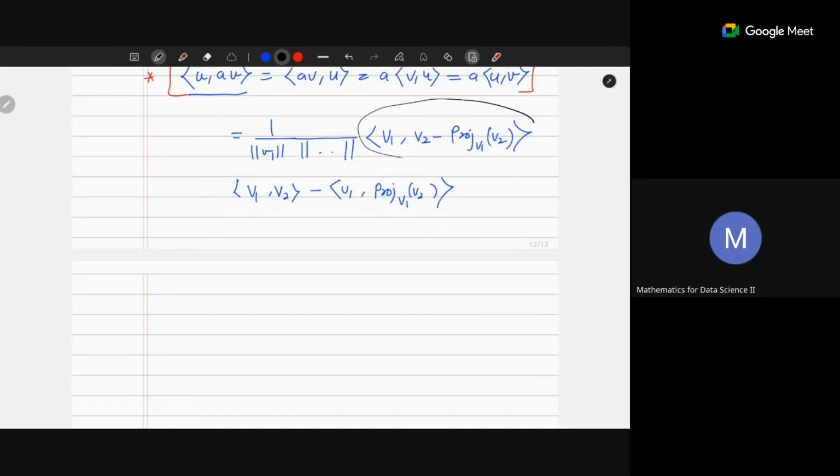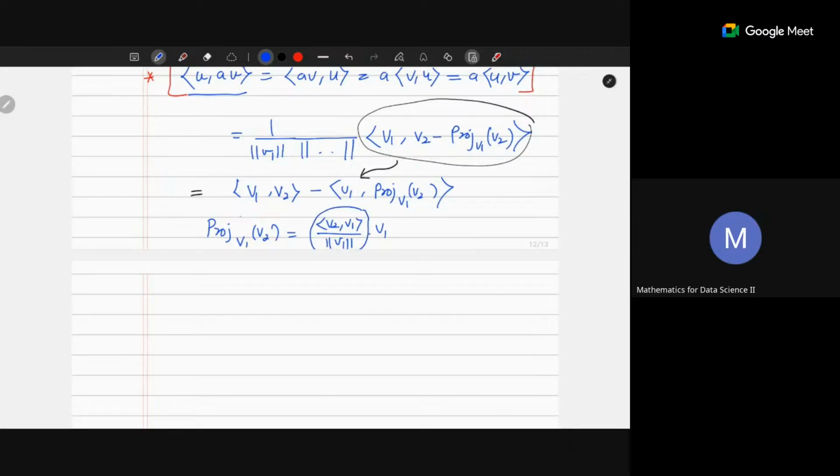I'm focusing on this term. Now what is the projection of v2 in the direction of v1? It is the inner product of v2 and v1, divided by the norm of v1, times v1. Now just place that over here.